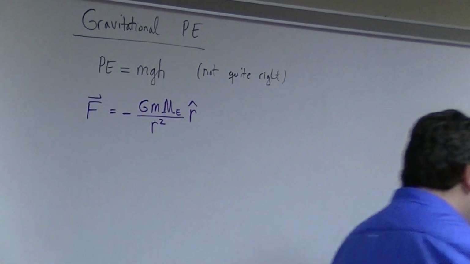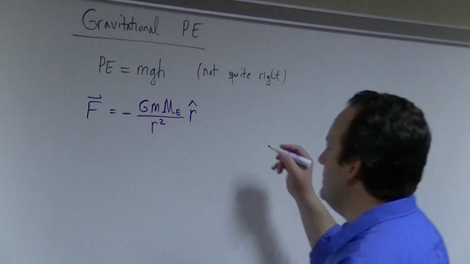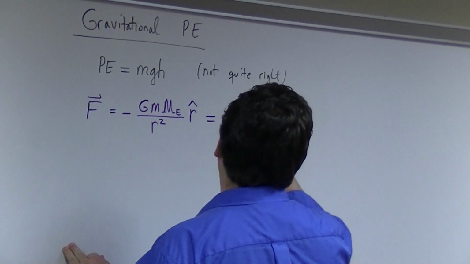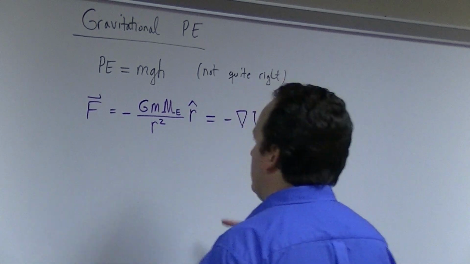Now, what would a potential energy function be? A function that I can take the gradient of, right? Nabla, if you like. So minus the gradient of the potential energy function, let's say U, should give me back that.